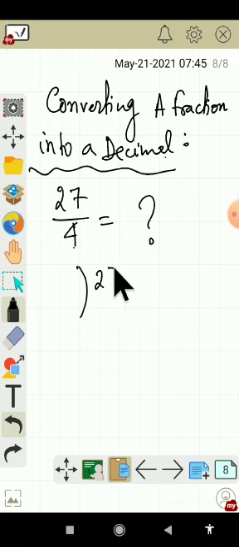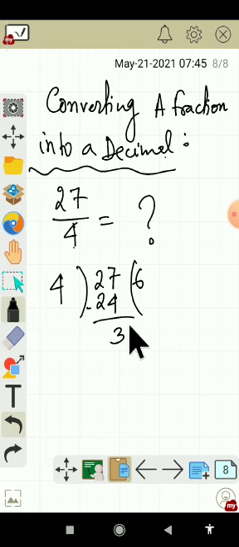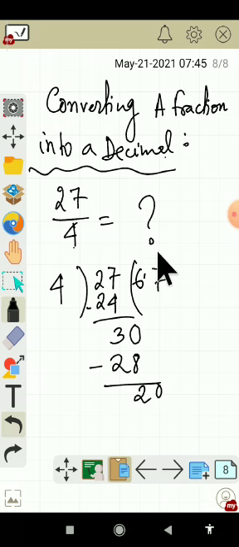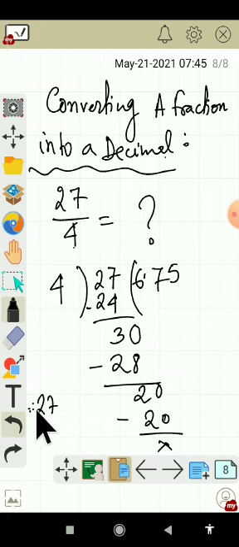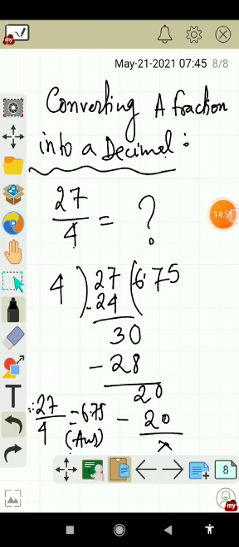We will divide 27 by 4. 4 sixes are 24, 3 remains. Now take the decimal point, 4 sevens are 28, then 20, 4 fives are 20. When the remainder becomes 0, we stop. Therefore 27 by 4 is equal to 6.75, which is the required answer here.